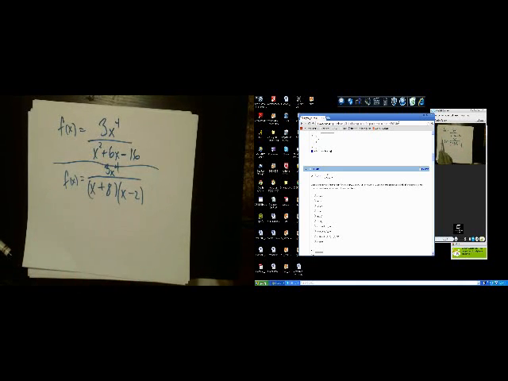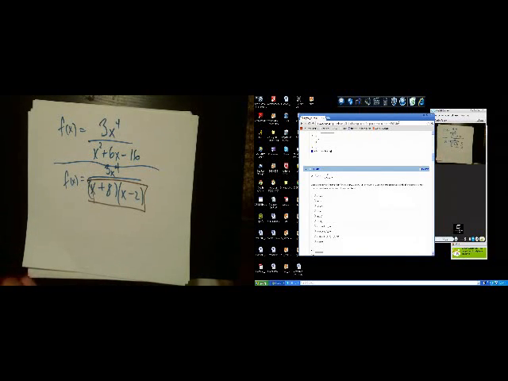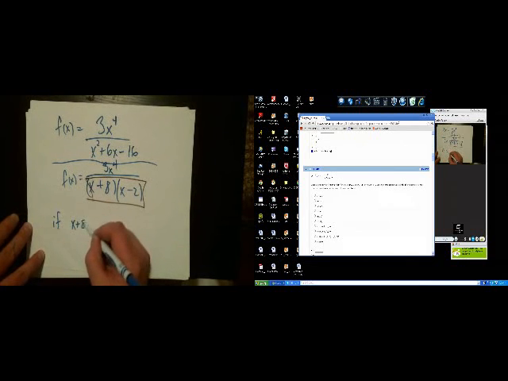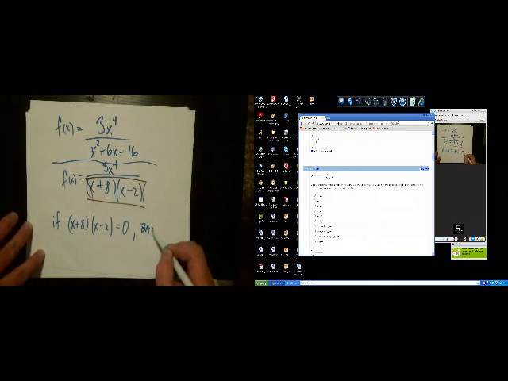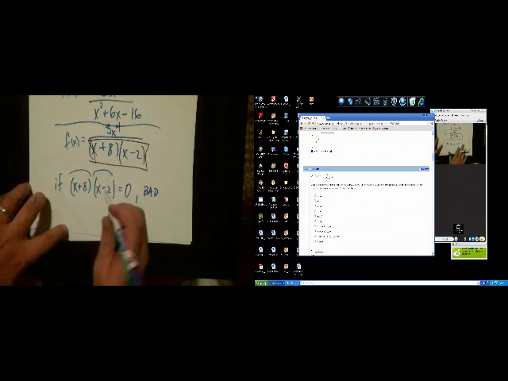Okay. So that means anytime the denominator is 0, that's bad. So if x plus 8 times x minus 2 equals 0, that's bad. Now, there's a little thing about algebra, which is anytime you have things multiply to give 0, the only way that can happen is if one or the other is 0.